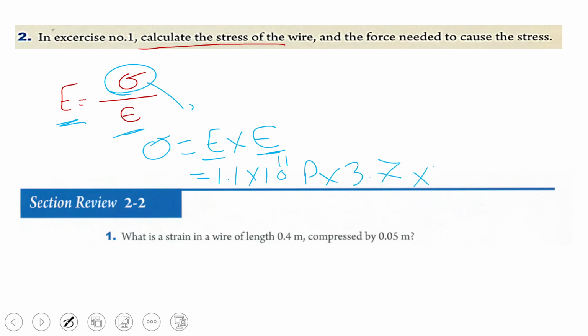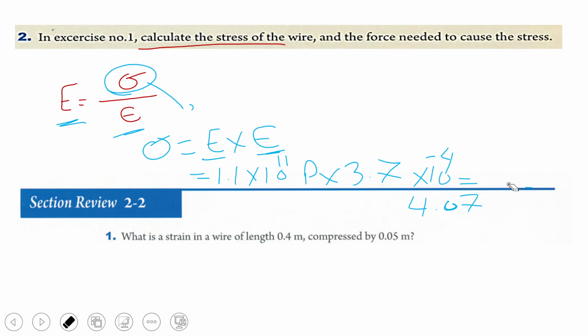Multiply together, you get the stress, which is equal to 4.07 times 10 power 7, and the unit.